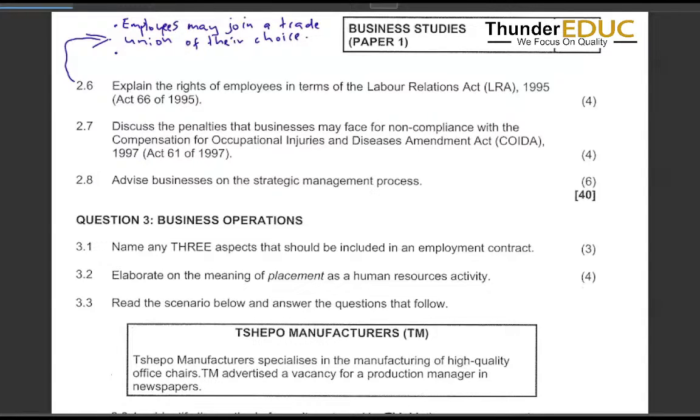And then the second one, embark on legal strikes.